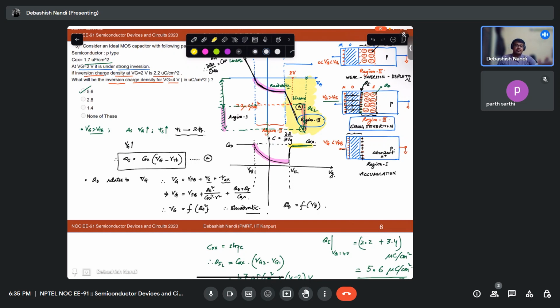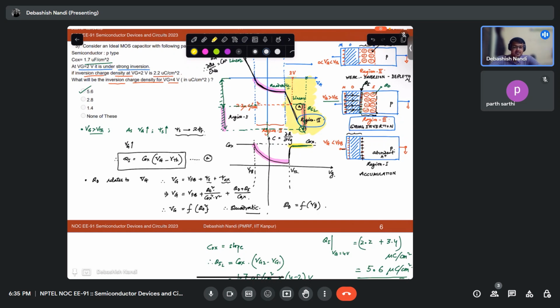So if I am at 2 volt and the value is already given and I know Cox, I can easily find out what it will be deeper in strong inversion, in much higher strong inversion, or Vg equal to 4 volt per se. So this can be easily calculated.